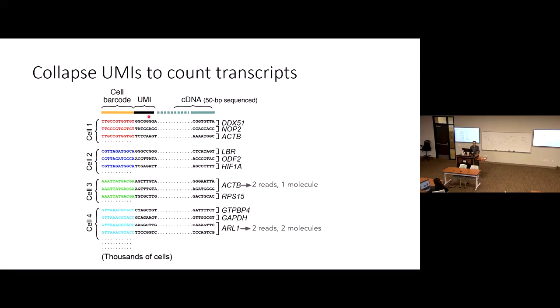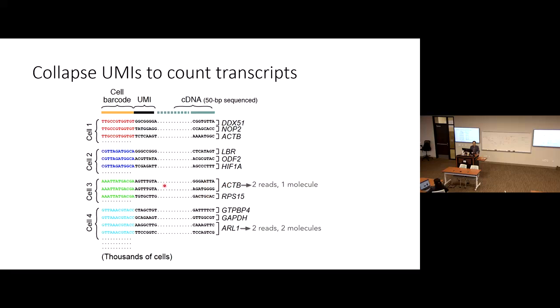Then you use the UMI to indicate that this is the cDNA, this is mRNA from this gene, that this particular copy has been labeled, and this is a separate copy labeled. That's 3 different UMI labels, 3 different genes.